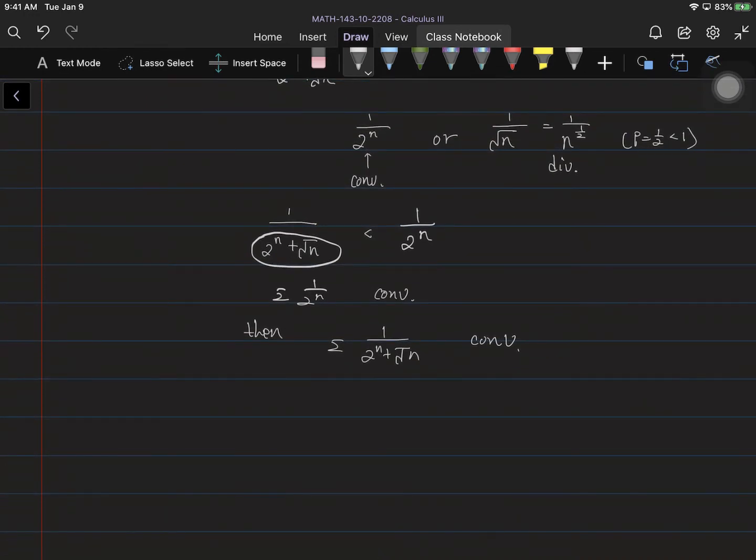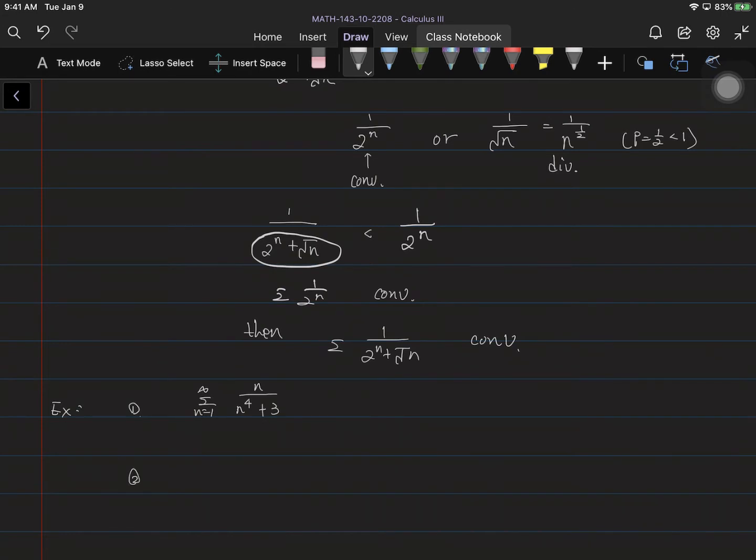Now let's take a look at the exercise problem. The first one, n over n to the fourth plus 3.